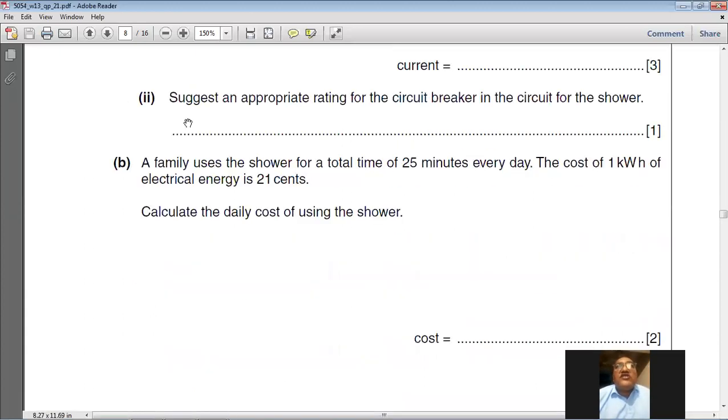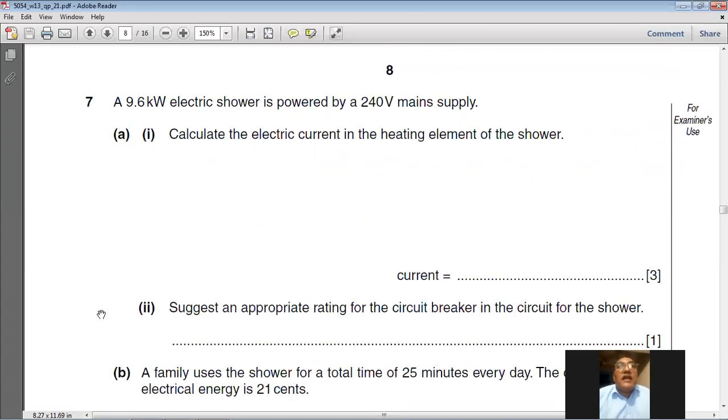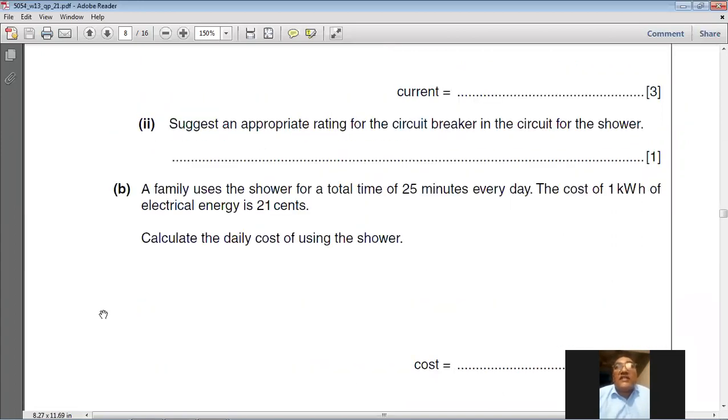Next question is, suggest an appropriate rating for the circuit breaker in the circuit for the shower. The current taken by the shower is 40 amps. So the circuit breaker rating should be more than 40 amps.